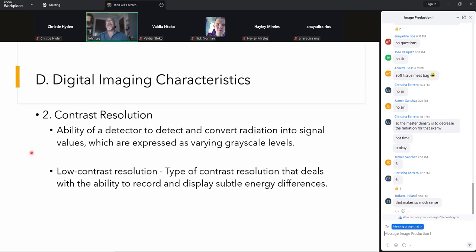Contrast resolution is the ability for a detector to detect and convert the radiation into signal values, which in our case is going to be electrons. Right? It's an electric signal. These are going to be converted through an algorithm into different levels of gray. Okay. A low contrast resolution is a type of contrast that deals with the ability to record and display subtle energy differences.